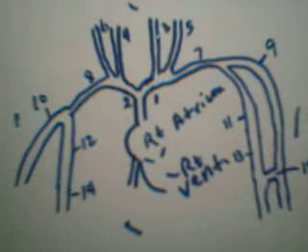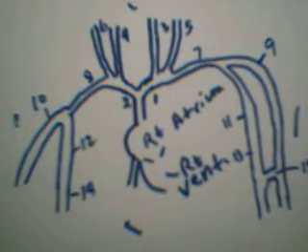And there would be a similar arrangement on the right side. 15 is going to be the left median cubital vein, the left median cubital vein. And that is often a vein that's used clinically to draw blood.